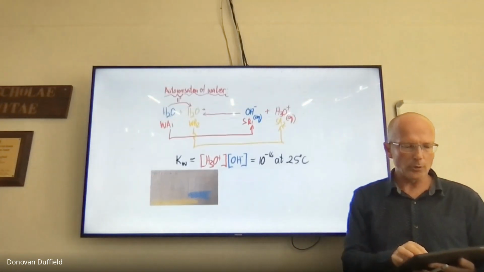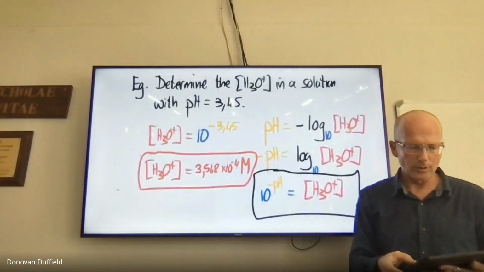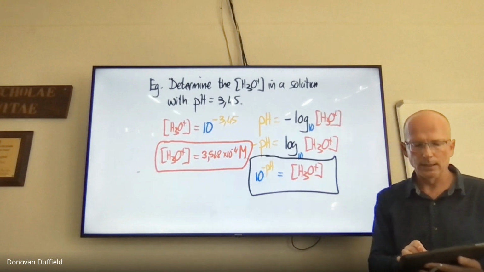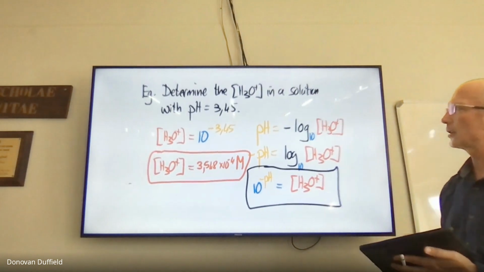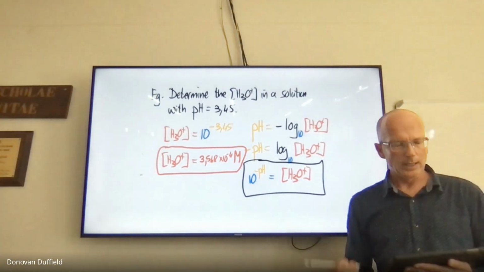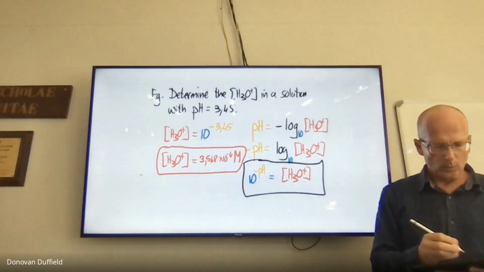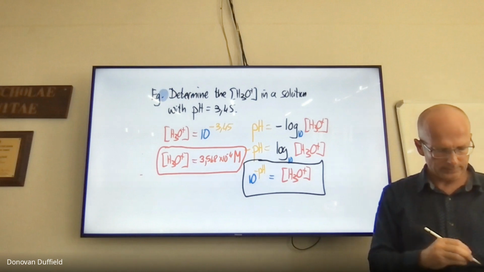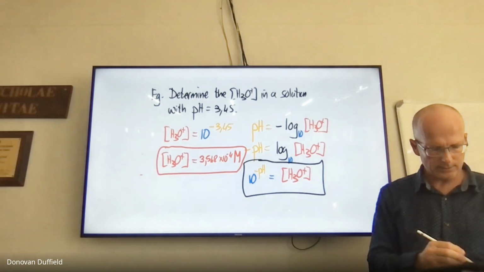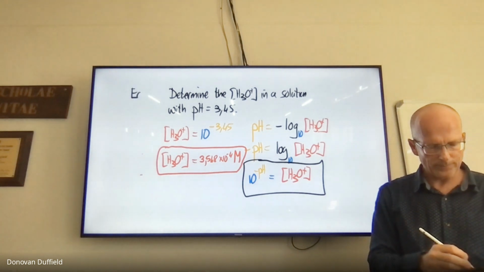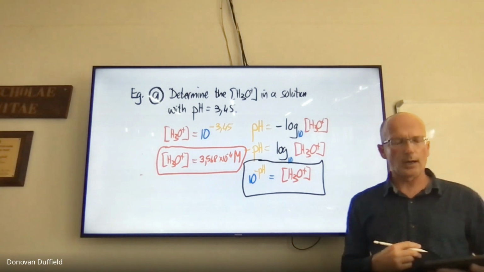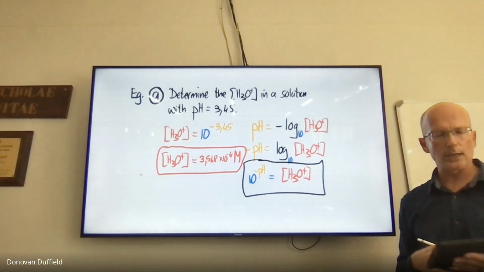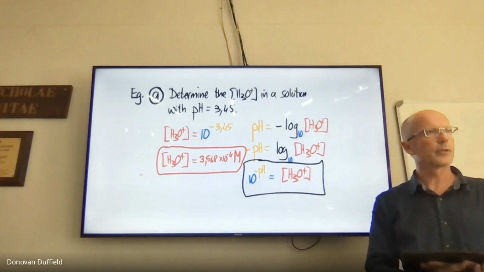So if we go back to this question here, determine the hydronium ion concentration in a solution with pH equals 3.45, and let's say this was the A part.